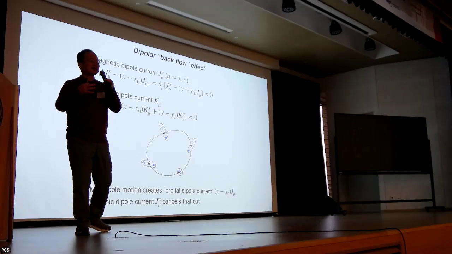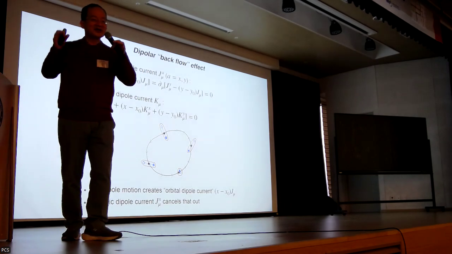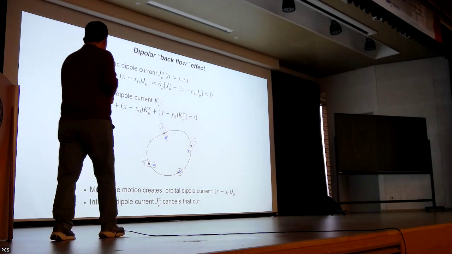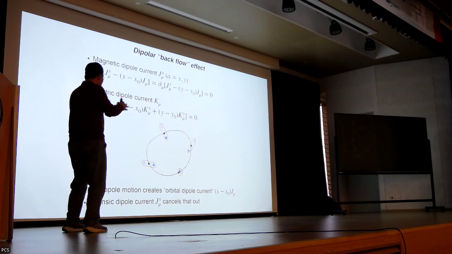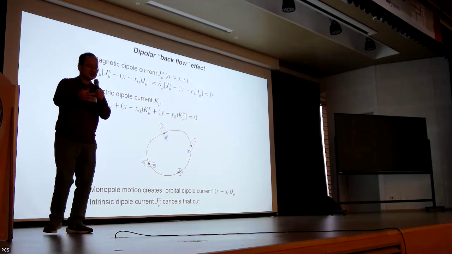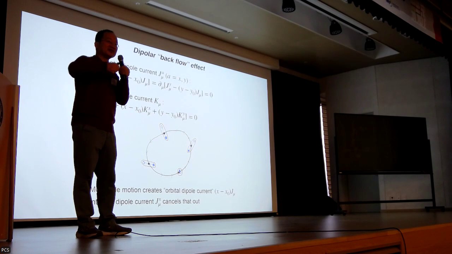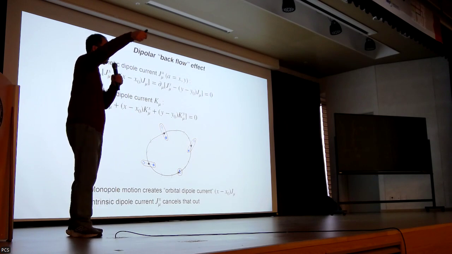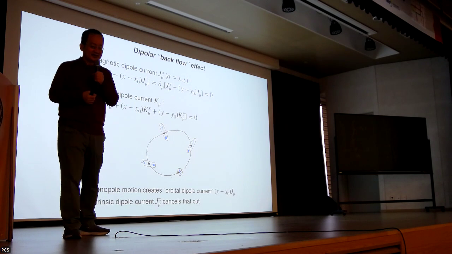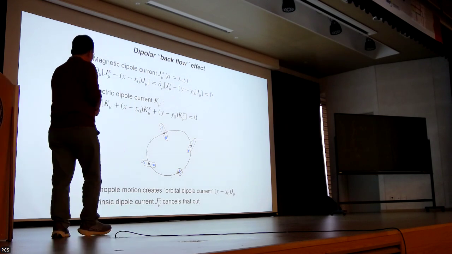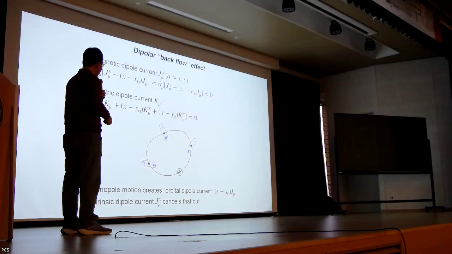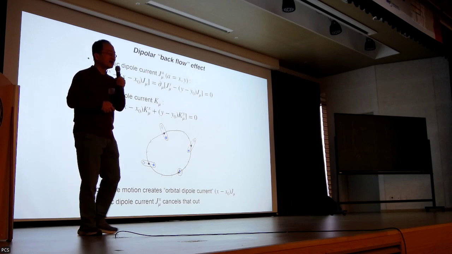So let me try to explain the picture behind this new conservation using a simple picture. We're talking about models where dipole moment is strictly conserved. So a single charge or single anyon can never move on its own, because once it moves, it creates a dipole moment, and that's not allowed. However, if you already have a dipole in the background, here I drew a black dot for a particle and an empty blue circle to represent a dipole.